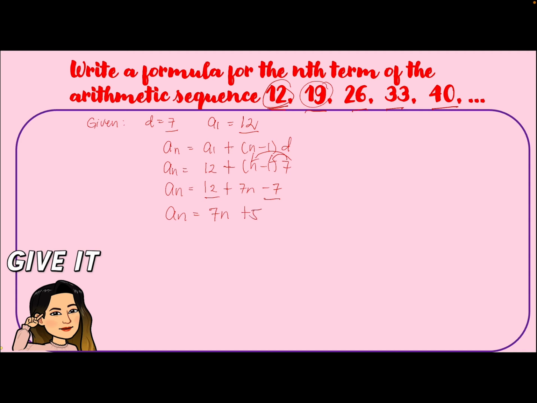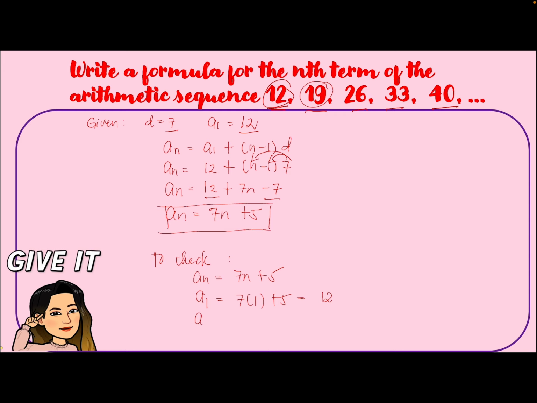If you notice, we have formed a formula, which is a sub n is equal to 7n plus 5. Now, to check if your formula is correct, by using this formula, a sub n is equal to 7n plus 5, we will replace n as 1, 2, 3, 4. Okay, so let's have the first term, a sub 1, 7 times 1 plus 5, that is 12.